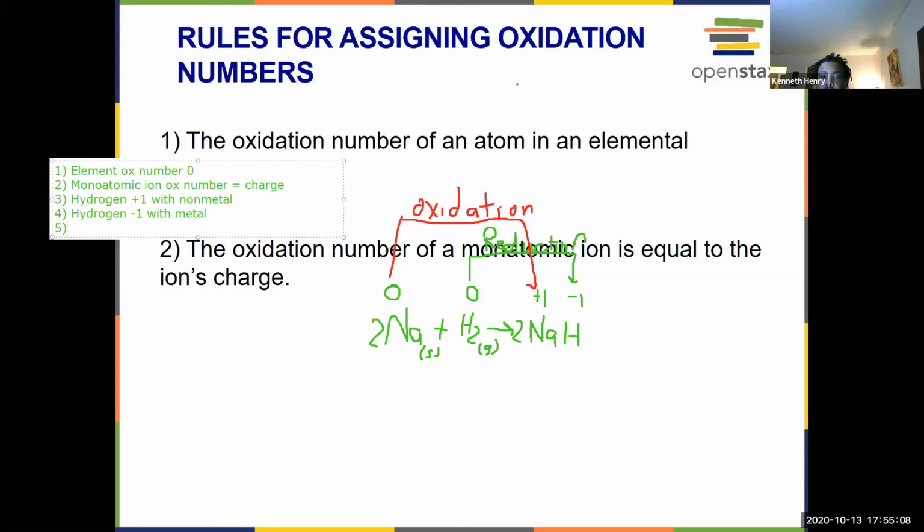Okay? Now in compounds, now these are the ones that it's going to get a little hairy here. So we have oxygen. So it's going to almost, or say in most compounds, have a -2 oxidation number.